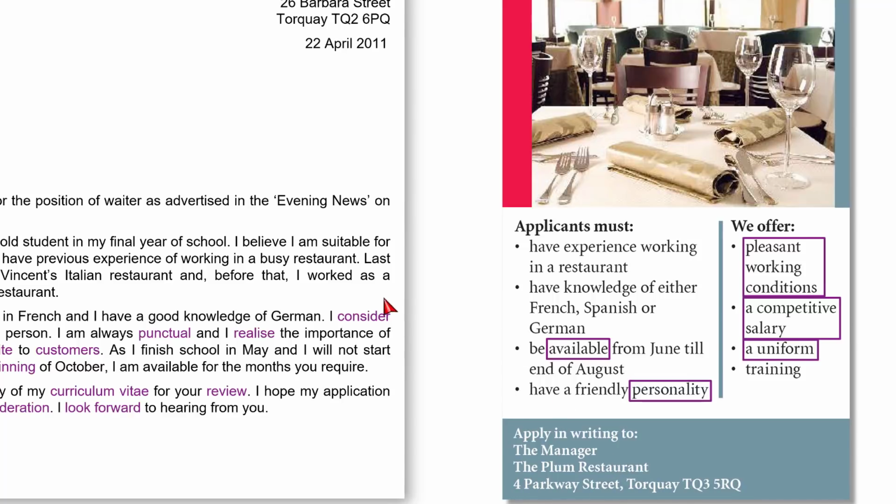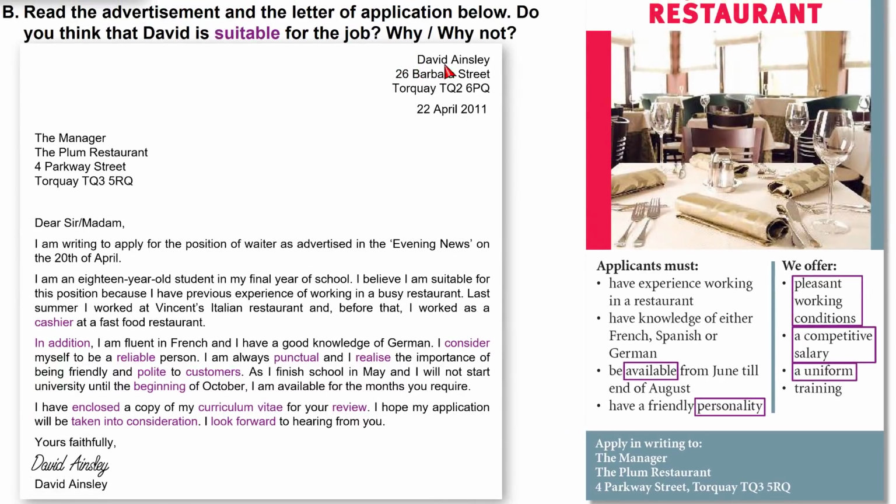Now let's read the letter. Written by David Ainsley. This is his address, and this is the date. This was written on the 22nd of April 2011. And this right here is the information he found in the ad. The manager, the Plum Restaurant, and the address. He put it here.